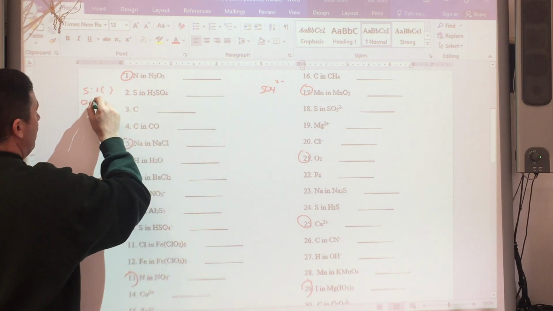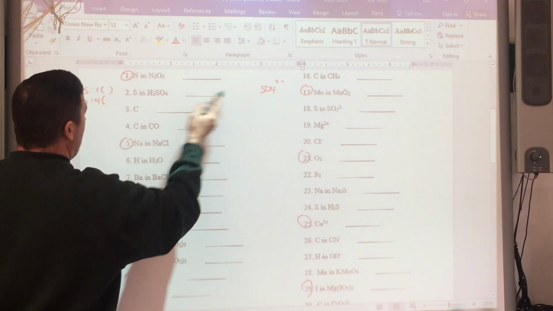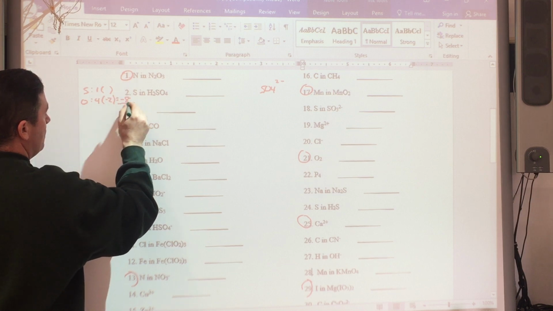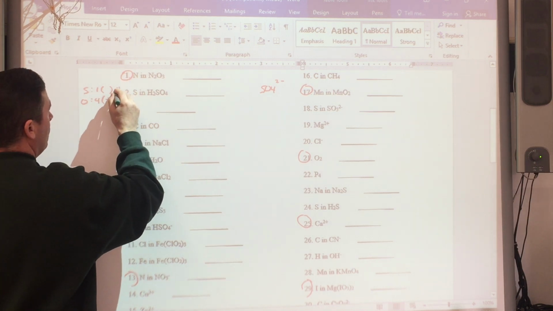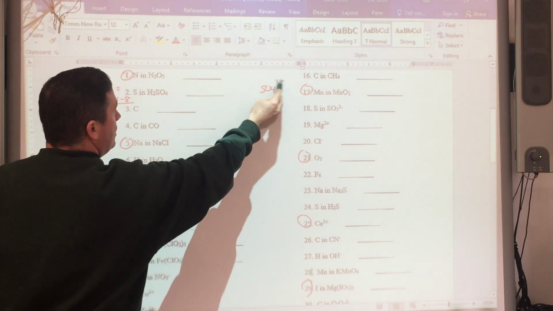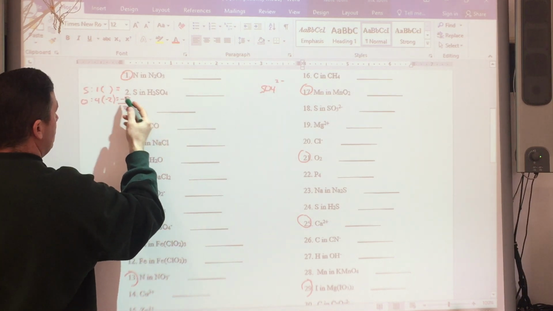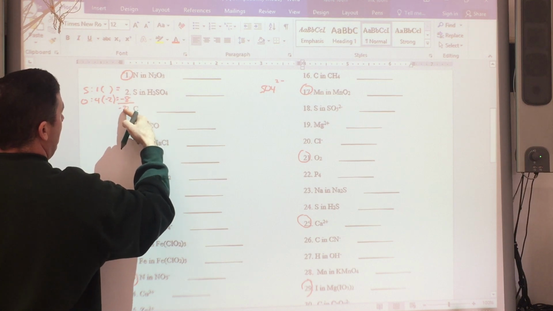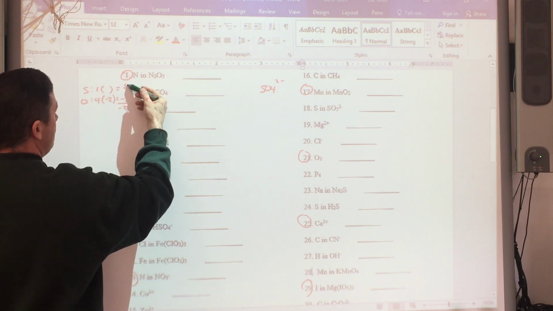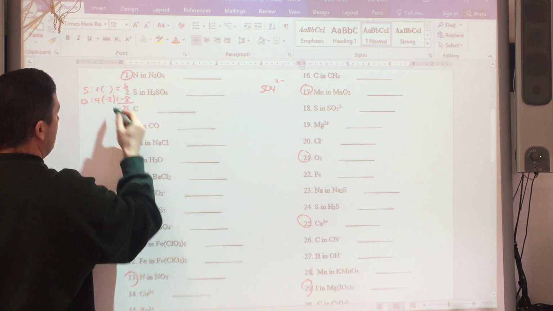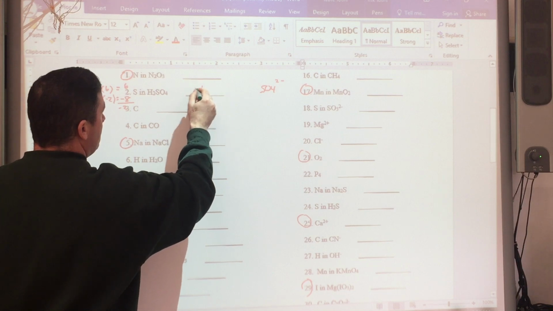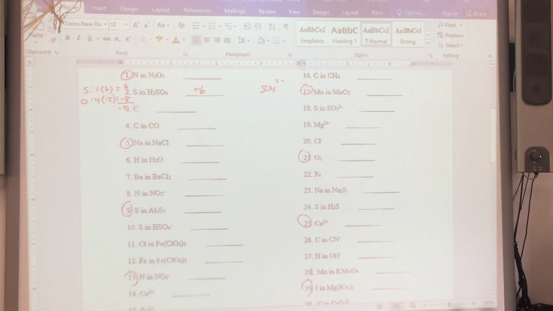And I know that there are 4 atoms of oxygen. And oxygen is typically -2, so that makes that a -8. This is my total, -2. So -8, -2, I've got to have a 6. 6 plus -8 is a -2. So my oxidation state for sulfur here is +6. So that's what you do for every one of them.